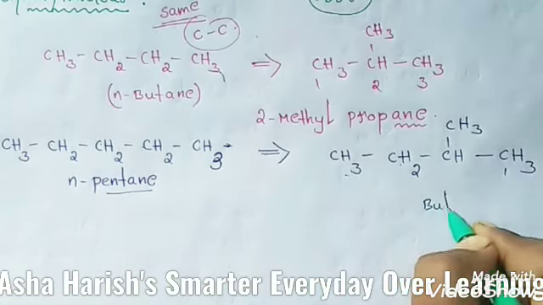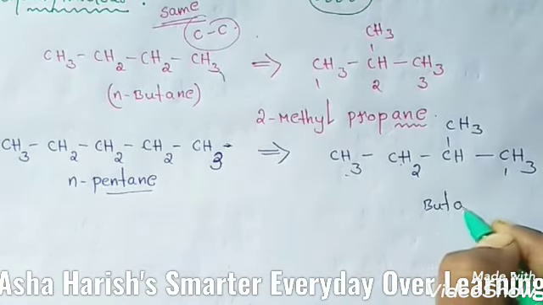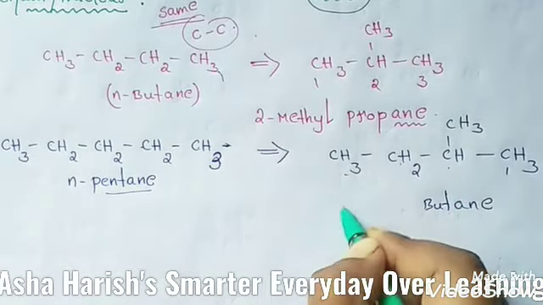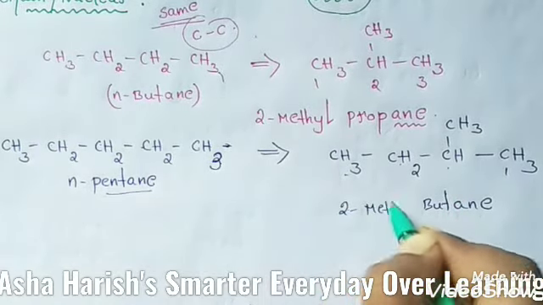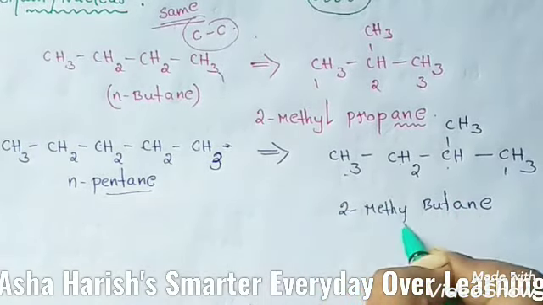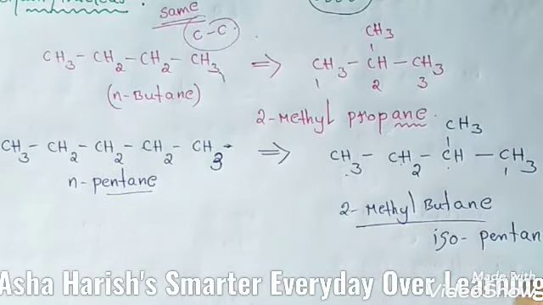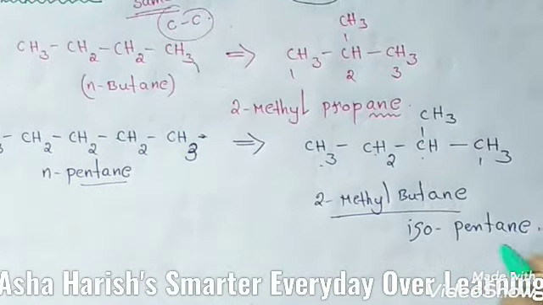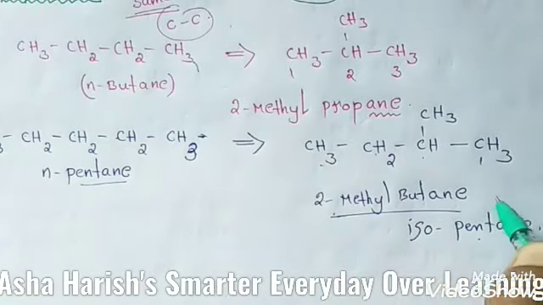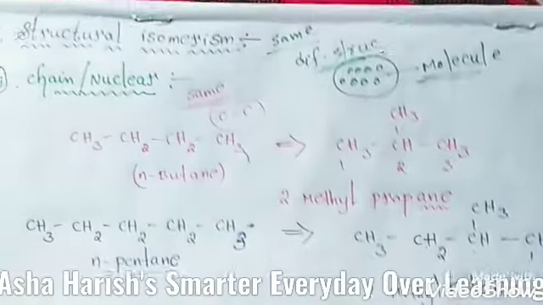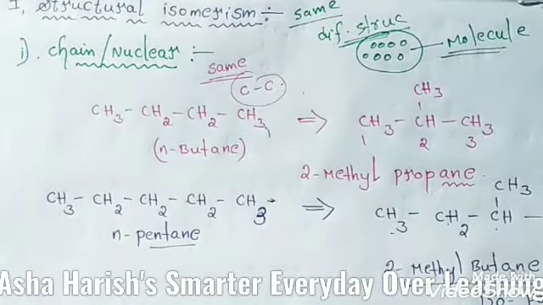Then students, the name should be but, then all single bonds means butane here. Then at the second carbon a methyl group is located, so 2-methylbutane, and this is also called isopentane. According to the isomerism property, isopentane and 2-methylbutane, these two are the same. This is the example of chain or nuclear type of isomerism.